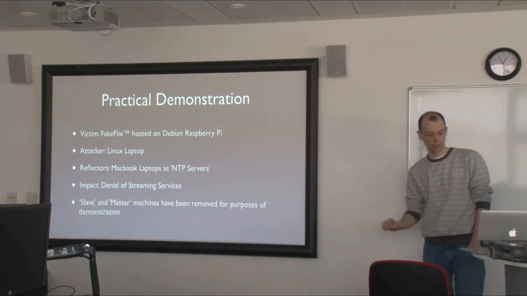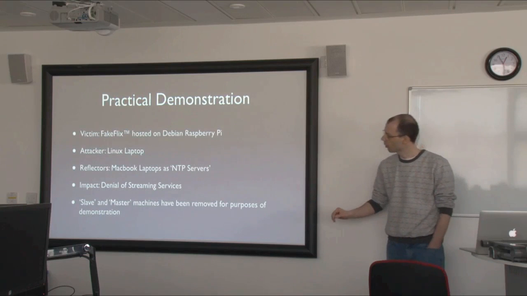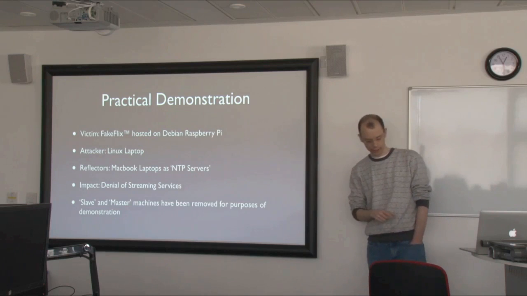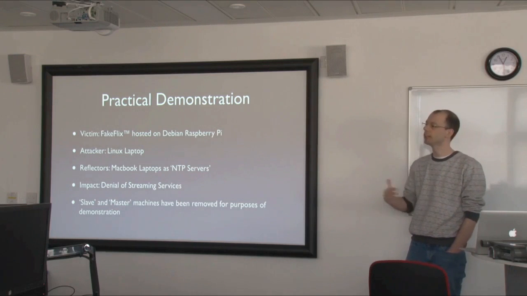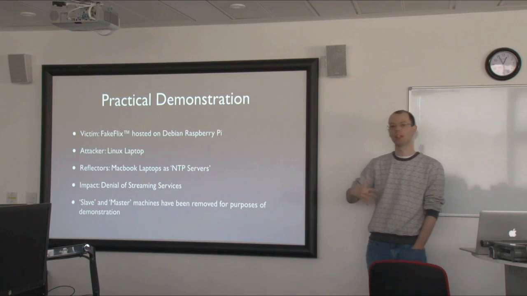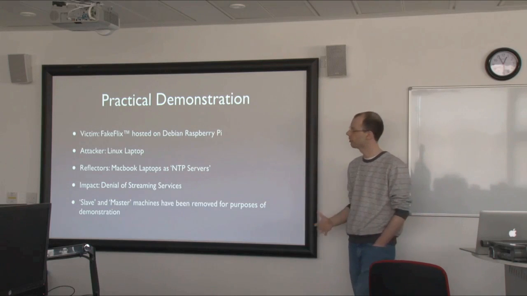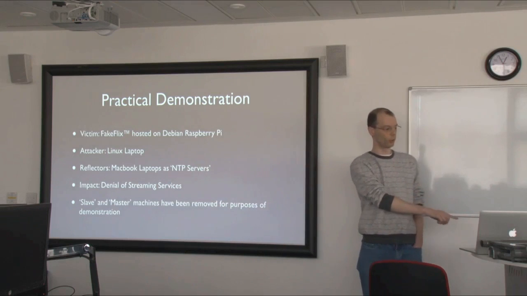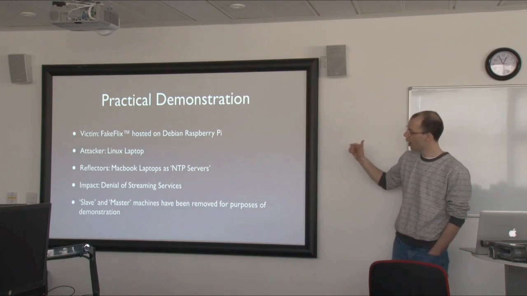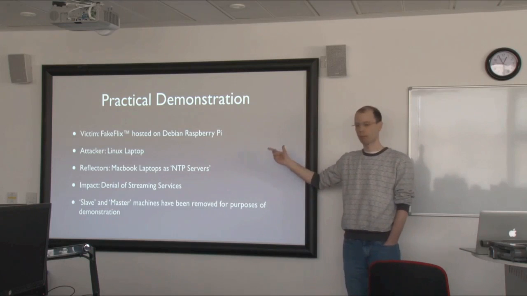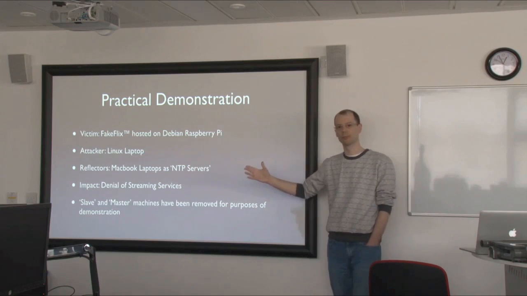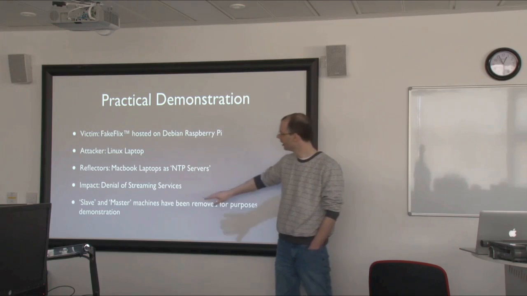So for my practical demonstration, which I'm crossing my fingers will actually work, I've got a bunch of kit here, but specifically I've got a Raspberry Pi, chosen because it's a fairly low power target, so it gives me an effort to show that in a reduced context. My attacker, I've got a little old MacBook running Mint. I was proposing to have two MacBook laptops as NTP servers, but I'm one short at the moment, so I'm half power, but it still works.